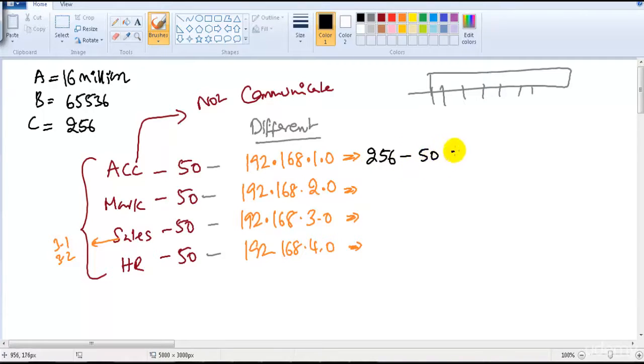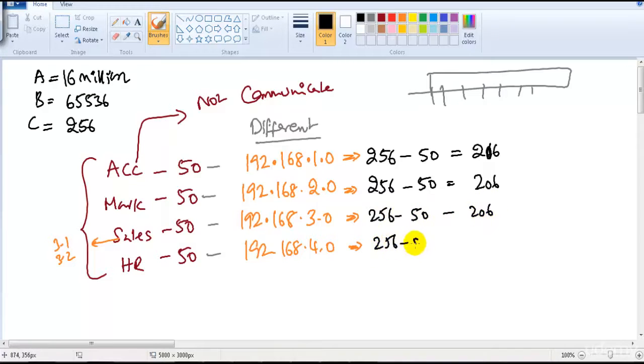And I'm using only 50 addresses out of those 256, which means I'm not using around 206 addresses. In the next department also, 256 minus 50, 206 addresses I'm not using, and here also 206 addresses I'm not using.